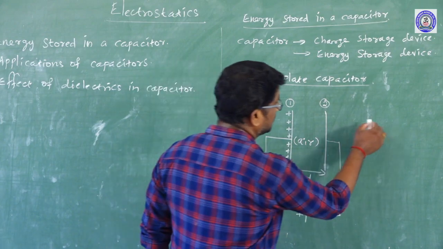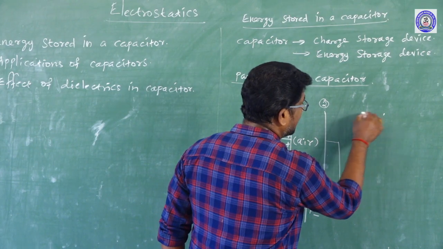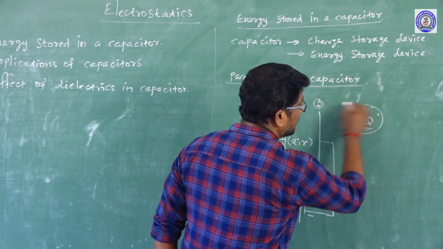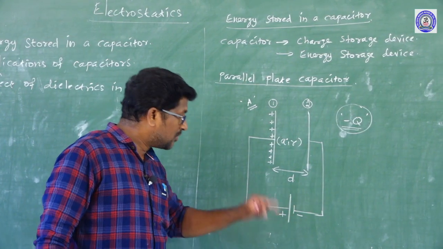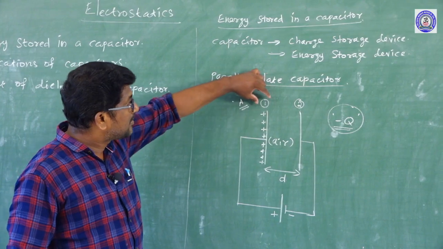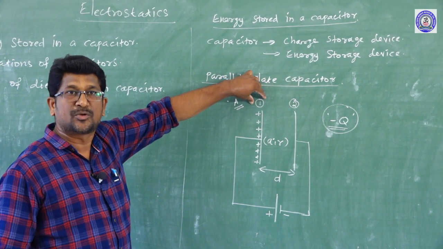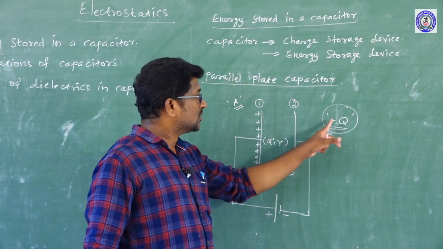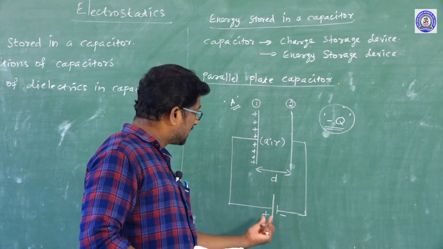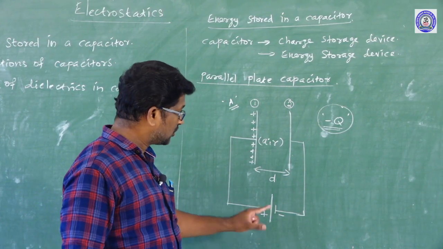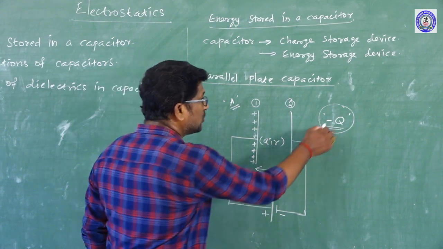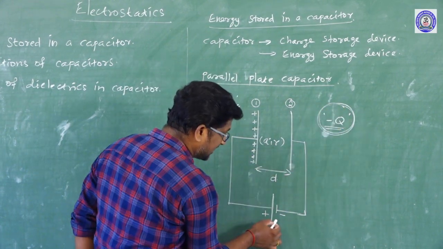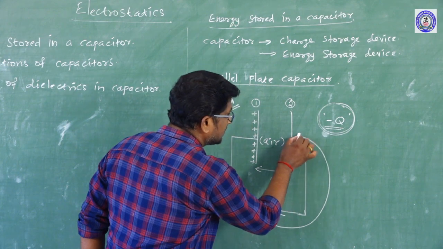Suppose minus q is the total charge of the electrons attracted by the positive terminal of the power supply from the first plate of the capacitor. So the total amount of charge attracted by the positive terminal of the battery is denoted by minus q.